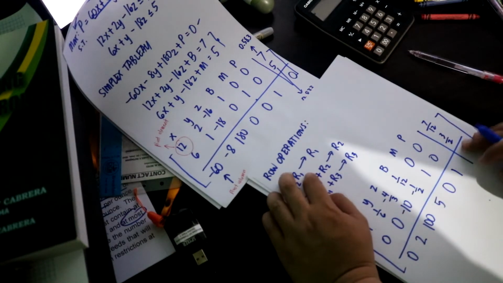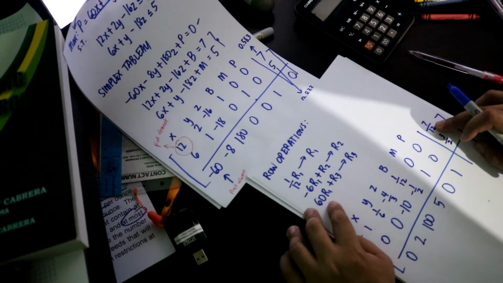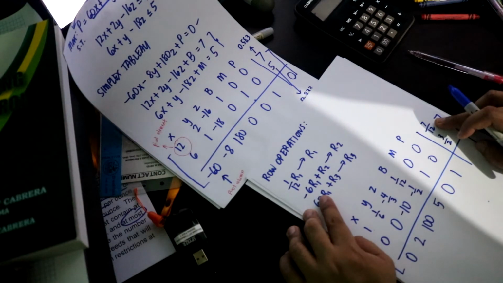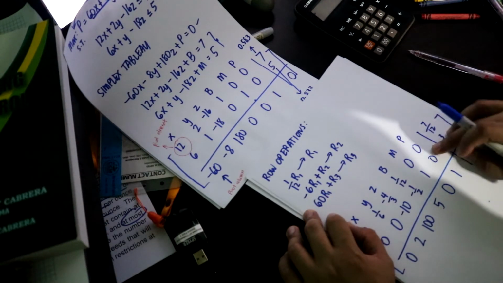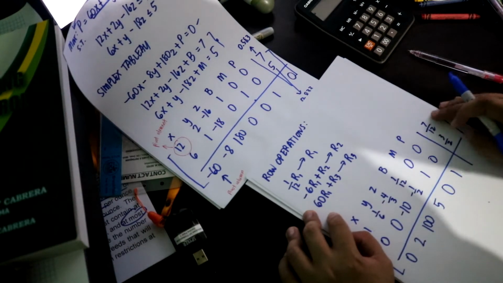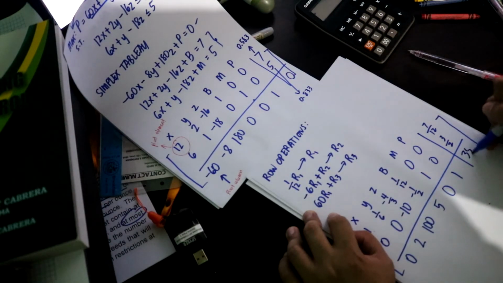And then 60 times 7 over 12, that would be 35, because 60 and 12 would be cancelled, 12 would be cancelled, and then 60 becomes 5. So 5 times 7, the numerator is 35, plus 0 is 35.